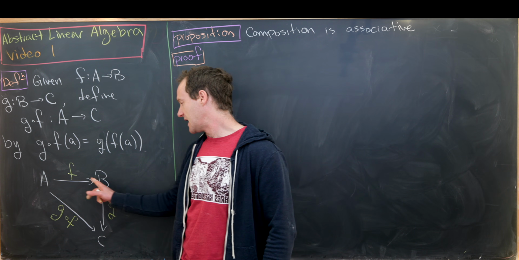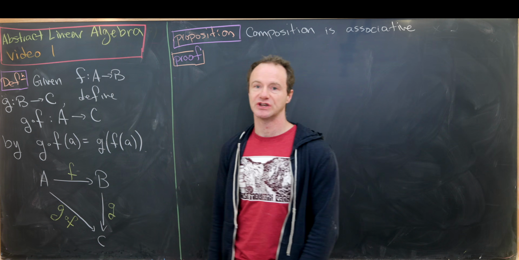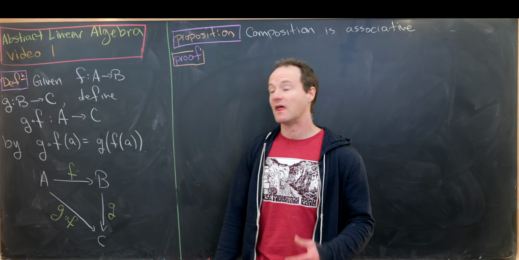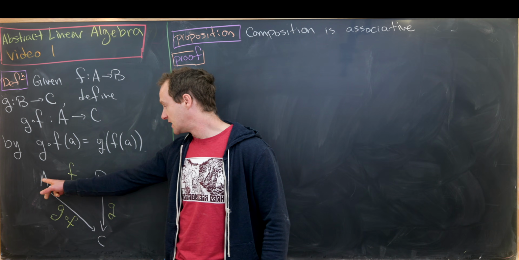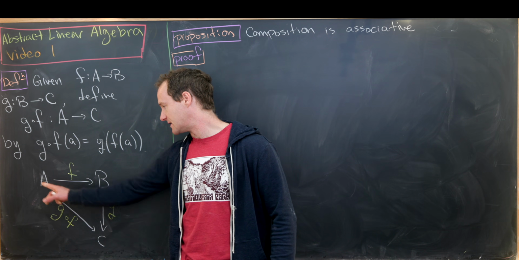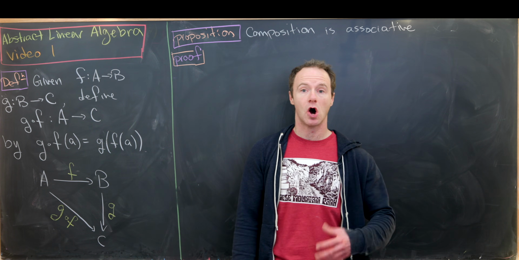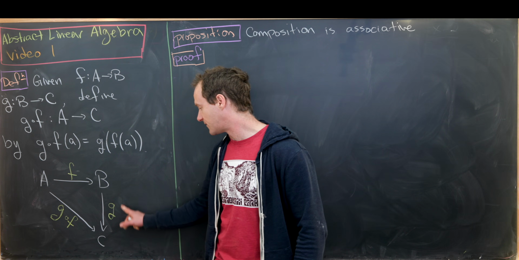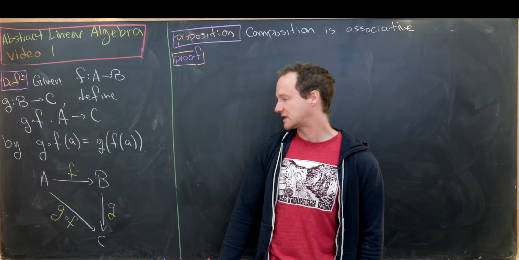So we've got A being mapped to B with our function f. B is being mapped to C with our function g, and then the composition is the function that defines a map from A to C all at once that gives us the same value as following the long way around this diagram.